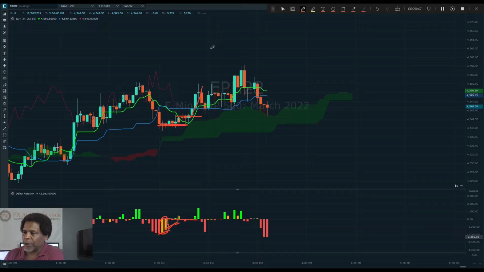Very good thing. So you could see also here, just look at this real quick. You could see this divergence right here. All right. So this was the increase in demand. All right. Right.